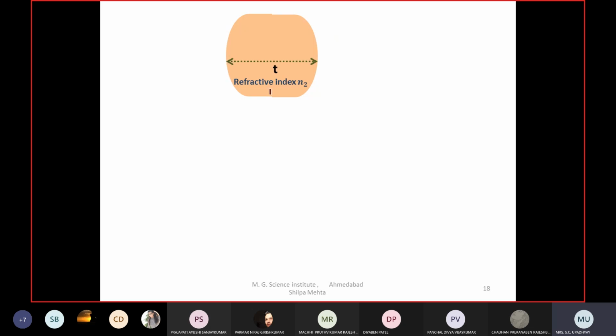The thickness of the lens is T, and this is our axis of symmetry. Outside medium has refractive index n1 equal to 1. We place this lens in the air medium. The left hand side surface has radius of curvature r1, and right hand side surface has radius of curvature r2.